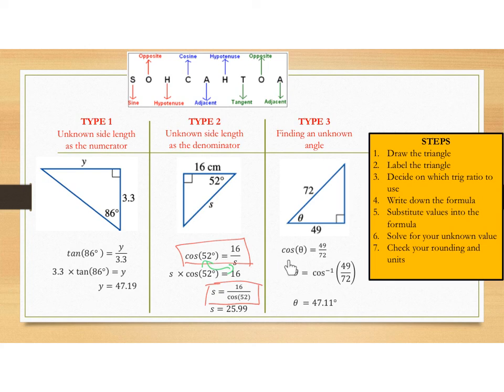If you needed to use tan, you would have inverse tan here. But always, always, always make sure you follow these steps each time and you're identifying which type you need to use, and follow the algebra along when you identify each type, and you shouldn't really make too much of a mistake.